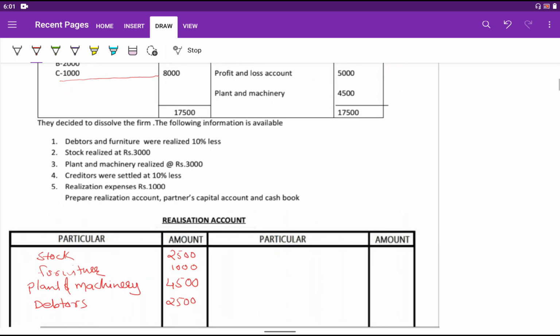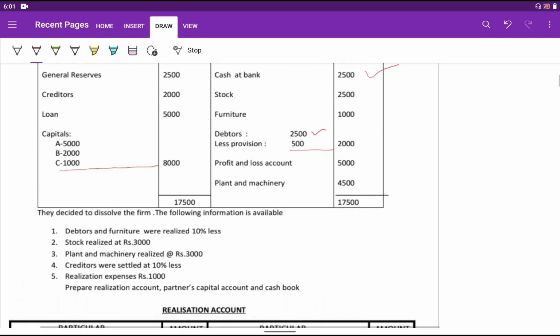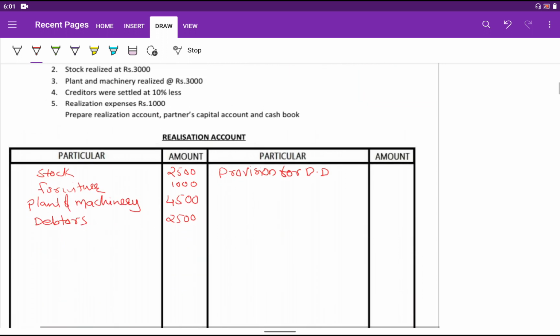And provision you should write on this side, the credit side of realization account, because that is deducted from debtors. Provision for doubtful debt is 500 rupees.